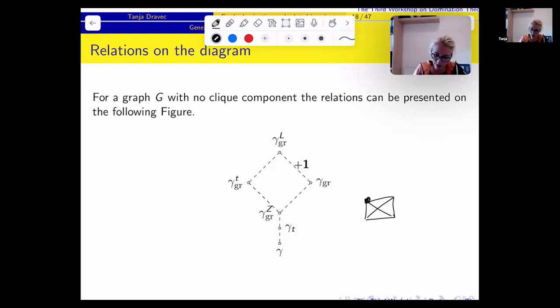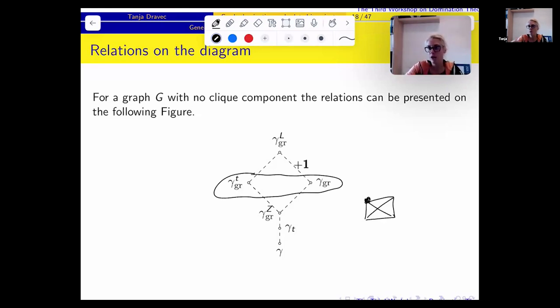We already know that Z Grundy domination number is bounded above by the Grundy total domination number and Grundy domination number. And there is no relation between Grundy and Grundy total domination number. So it's not like in standard domination.